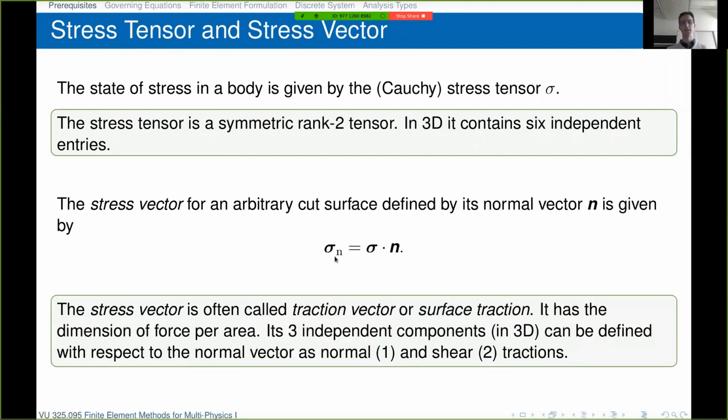So this is a different naming for the same thing, the stress vector and the traction vector. These mean the same thing. And the dimension is, of course, the dimension of a stress, so a force per area. And it has 3 independent components in 3D, and they can be defined with respect to the normal vector of the surface, so that we have 1 normal component and 2 shear components of the traction vector.